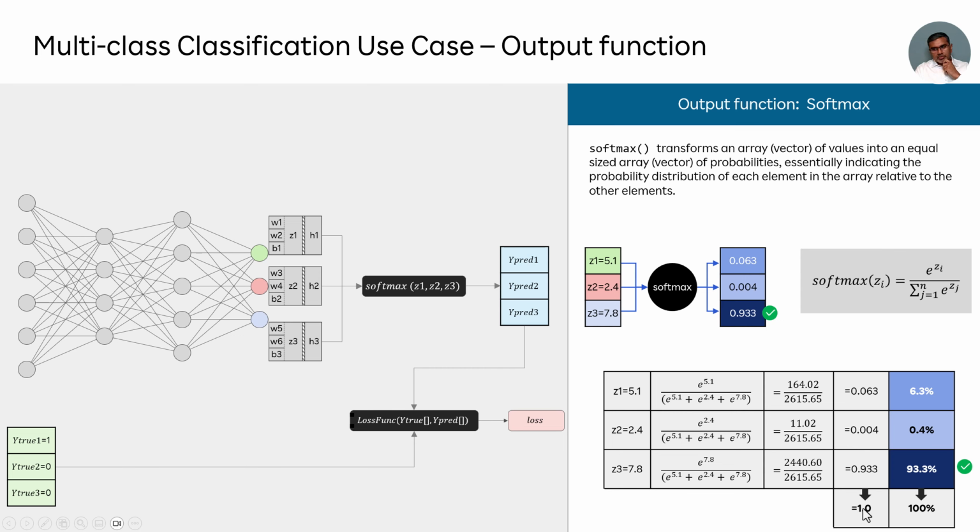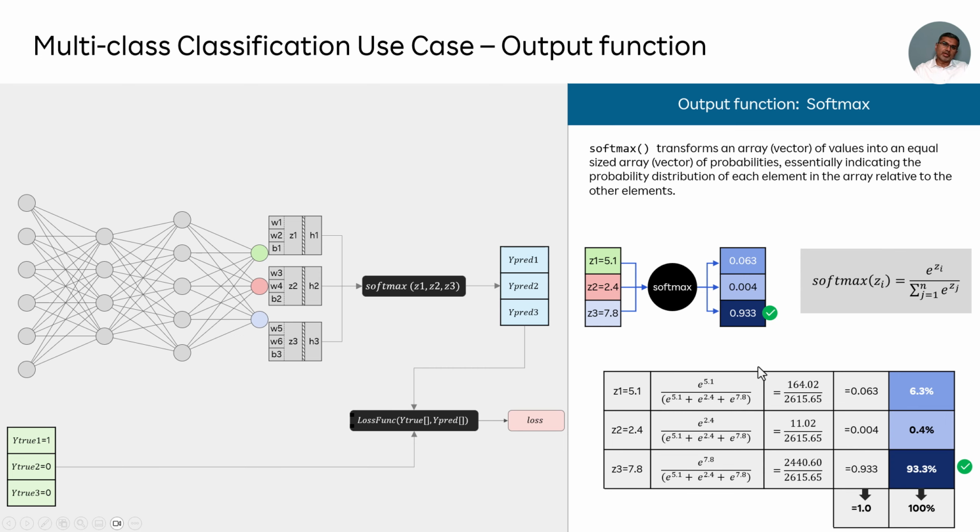So this is kind of interesting, because what it means is that this is a probability distribution. It's basically saying that with 93.3%, I believe that this particular neuron is what is correct for that input, or this particular neuron is what I would classify that input into. With only 0.4%, I would classify it into this second category. And with 6.3%, I would classify it into the top category, or the first category here. So again, it adds up to 100%.